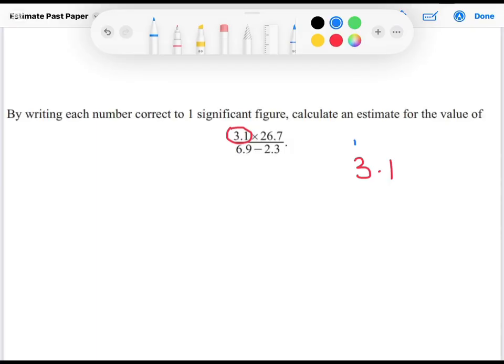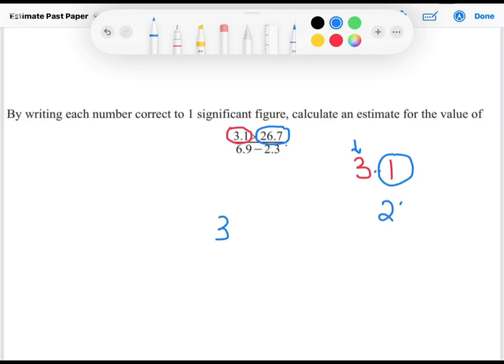So the one significant figure is 3. After 3 we have the value 1, doesn't matter about the decimal. After the first significant figure we have a value 1, that is lesser than 5. When the number is lesser than 5, then we don't need to do anything, so it will become 3.